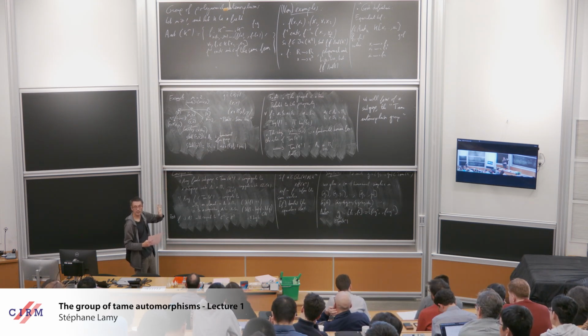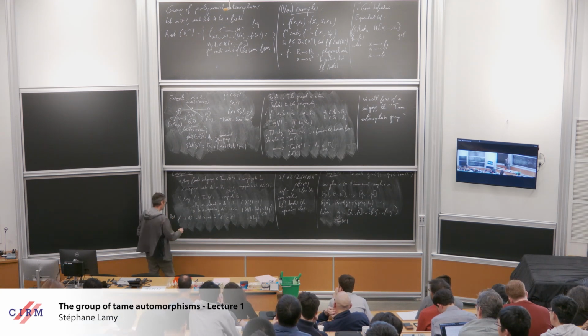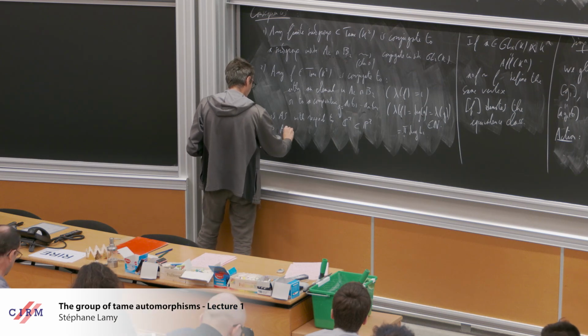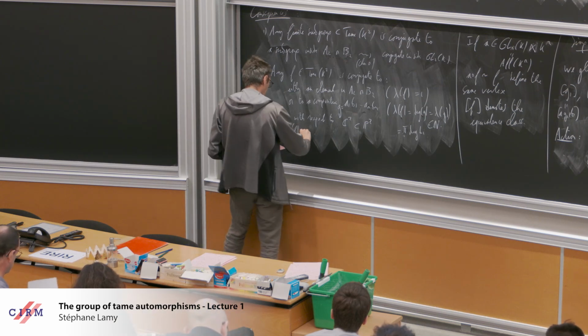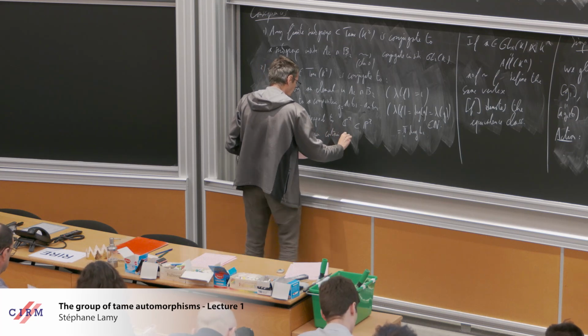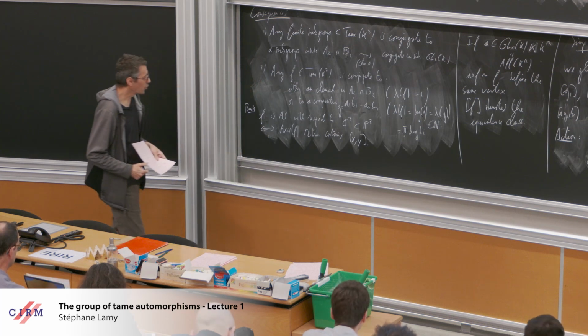So here it's a remark after, so let me write it first. It's if and only if the axis of f acting on the tree contains the special vertex xy.